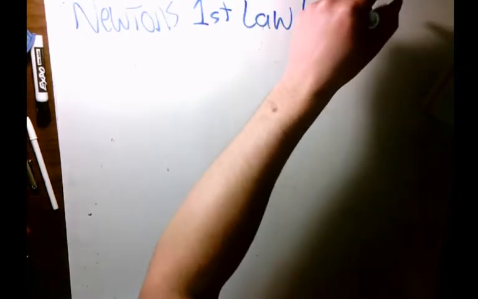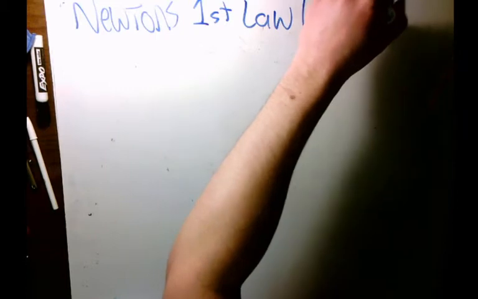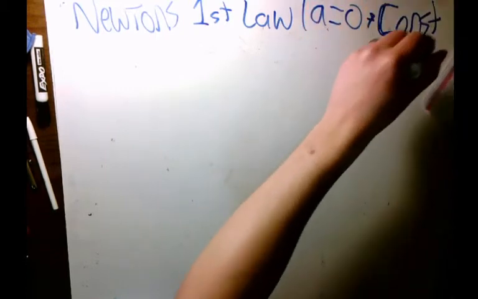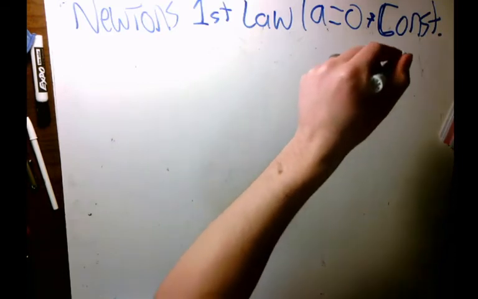So this is for our example 1. So Newton's first law, acceleration is equal to 0. And that's because we have constant motion, or a constant speed.